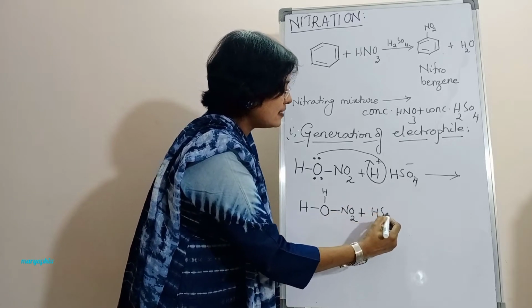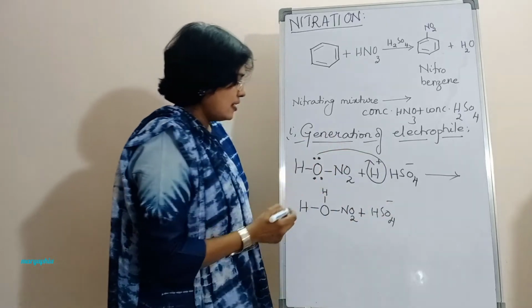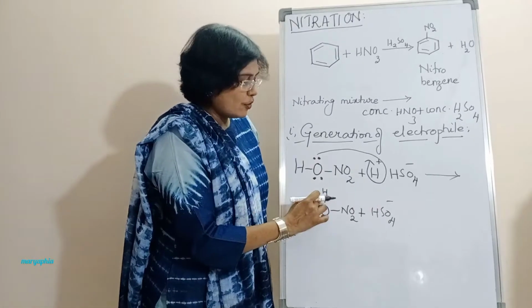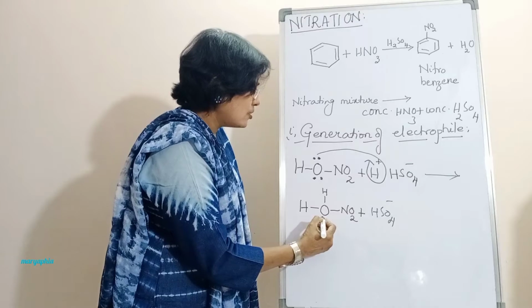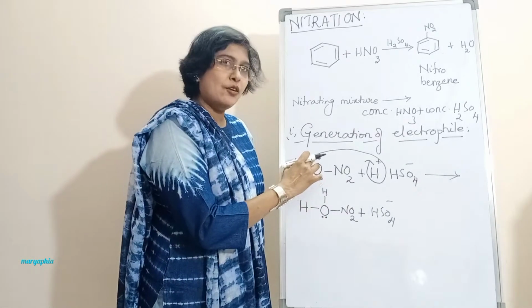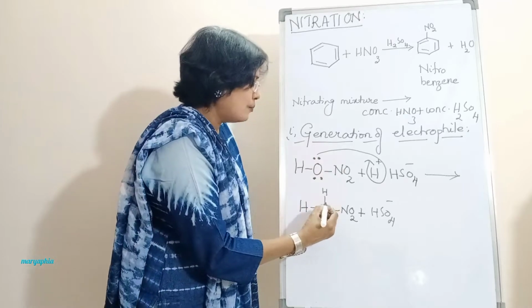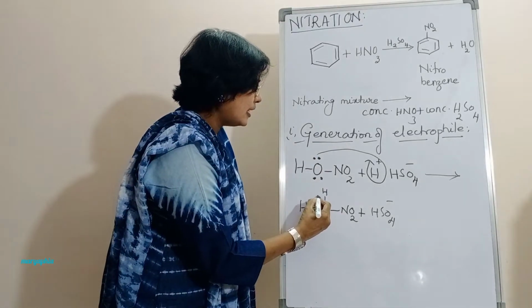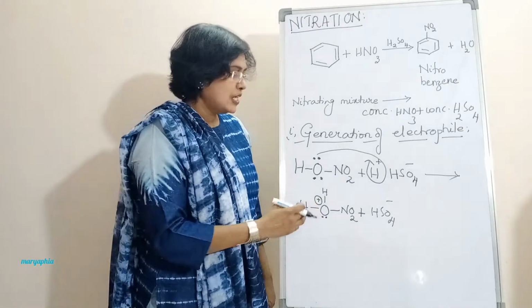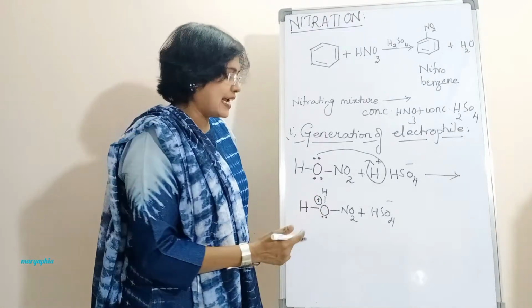HSO4 minus. Now there is only 1 lone pair, because the other lone pair is involved in the bond formation. Therefore, the oxygen atom gets a positive charge. So how is this positive charge satisfied?